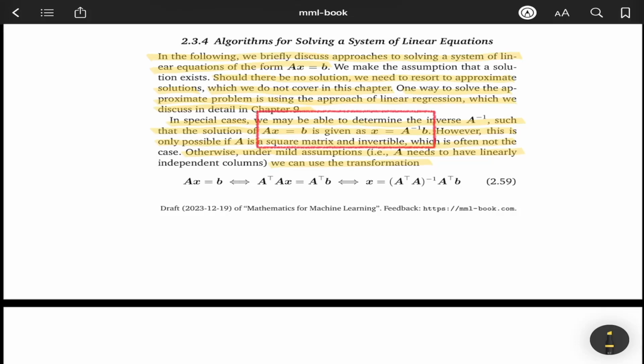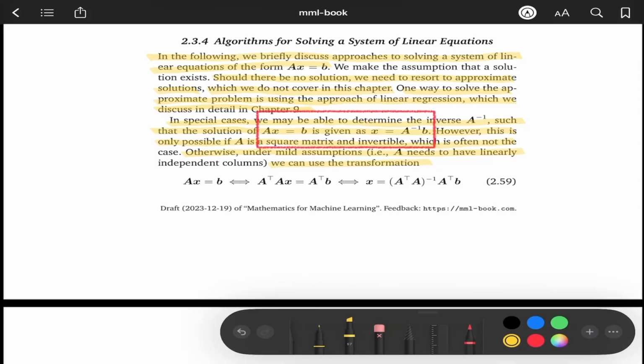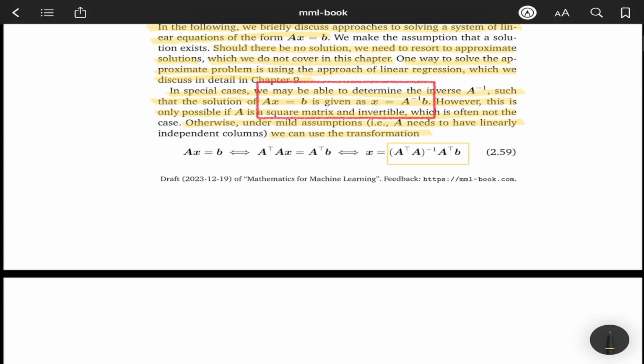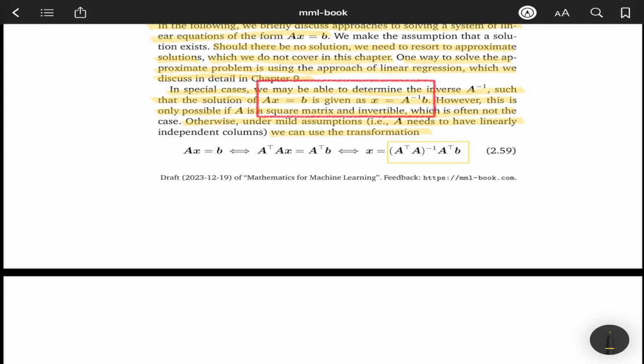Then we factor out A transpose A and move it to the right side of the equation. And then we will just have x equals this part here. Yes, that makes sense. I don't have a real intuition here, but I can say that from just using the transformations, you can write it like that.